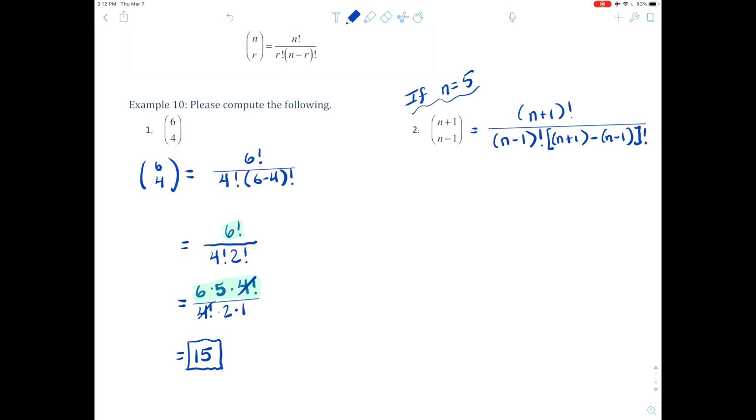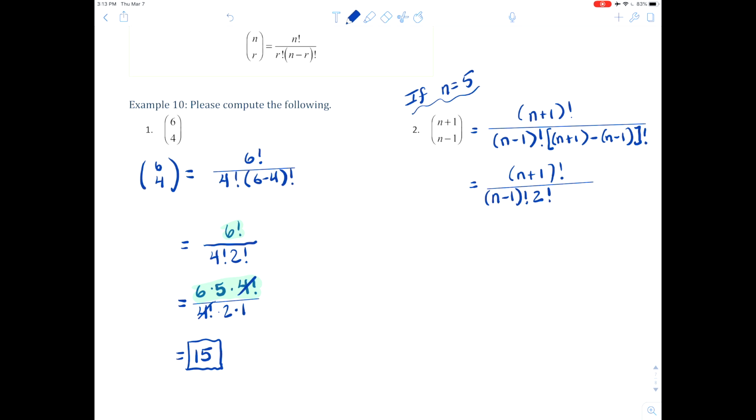So let's see what happens. Simplifying, we still have our n plus 1 factorial here over n minus 1 factorial. Well, n minus n is 0, and then 1 minus negative 1 is 2, so we'd have 2 factorial. Good so far?